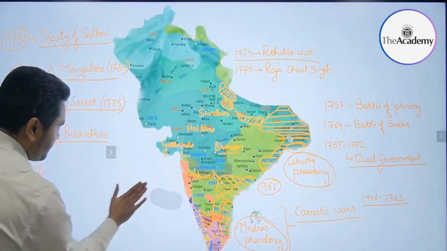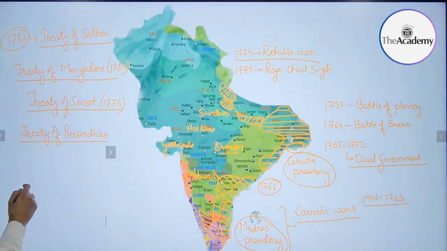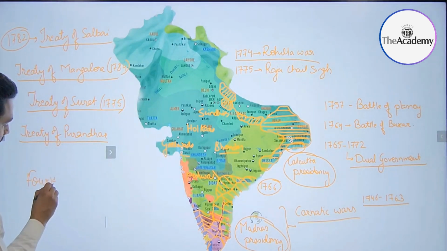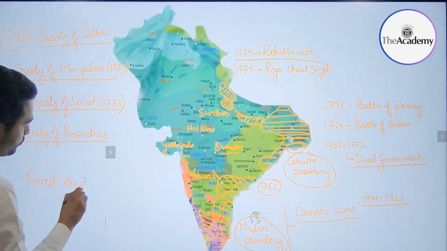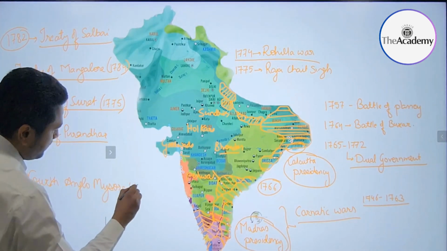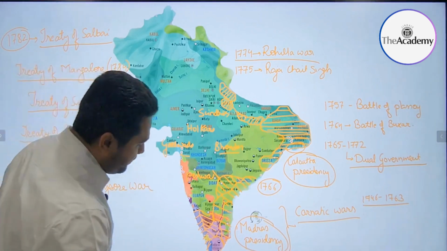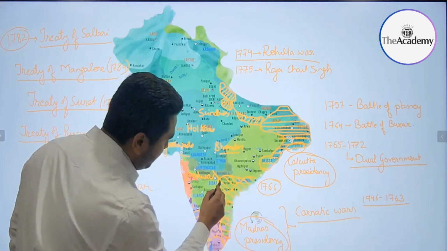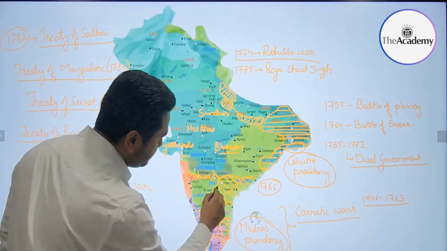So during the time period of Lord Wellesley, there would be the Fourth Anglo-Mysore War, and via this warfare, the British effectively controlled a very large area.